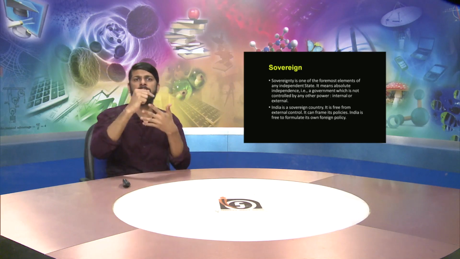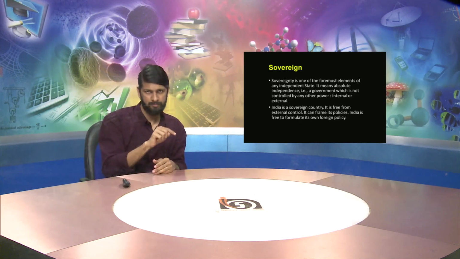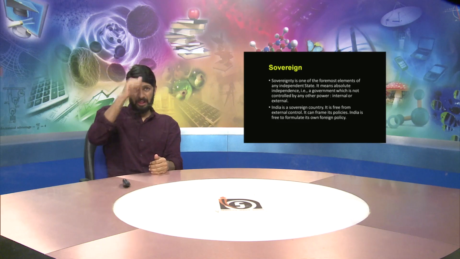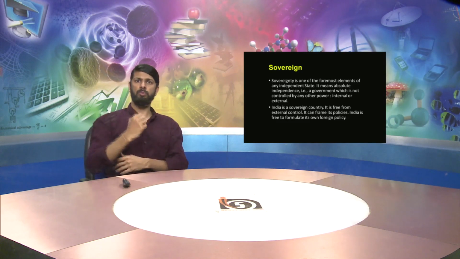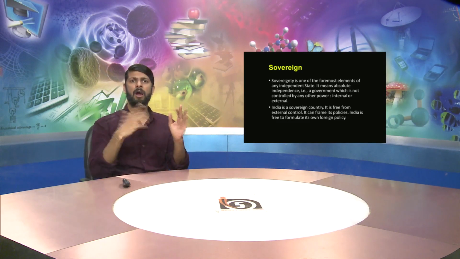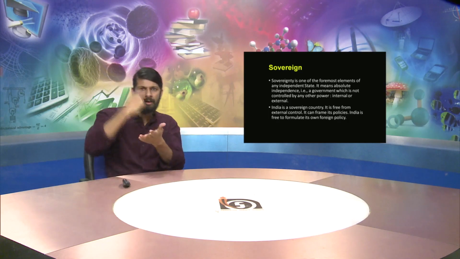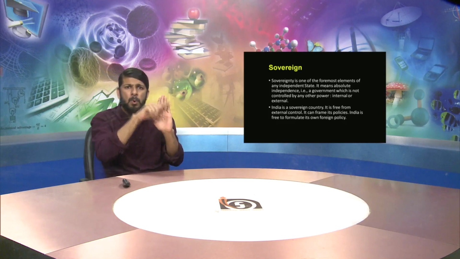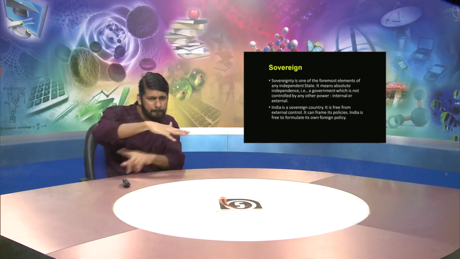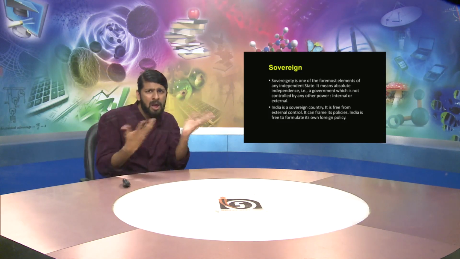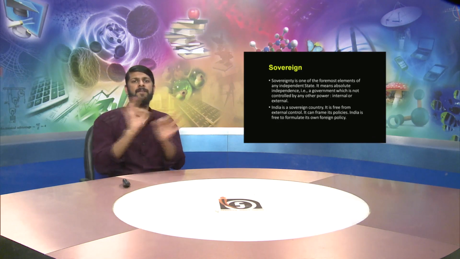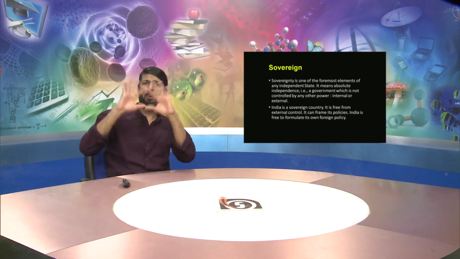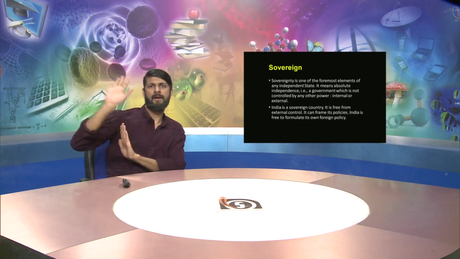That means a government which is not controlled by any other power, internal or external. India is a sovereign country. It is free from external control. It can frame its policies. India is free to formulate its own foreign policies.